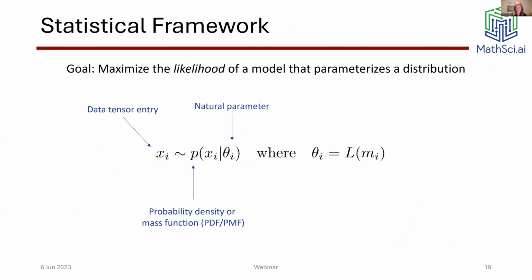In the last case, the mean was our natural parameter. Then we have some link between the model entry of our tensor and the natural parameter, and we get to specify the link. The link will usually be the identity, but I think I showed you at least one example where it's something different.